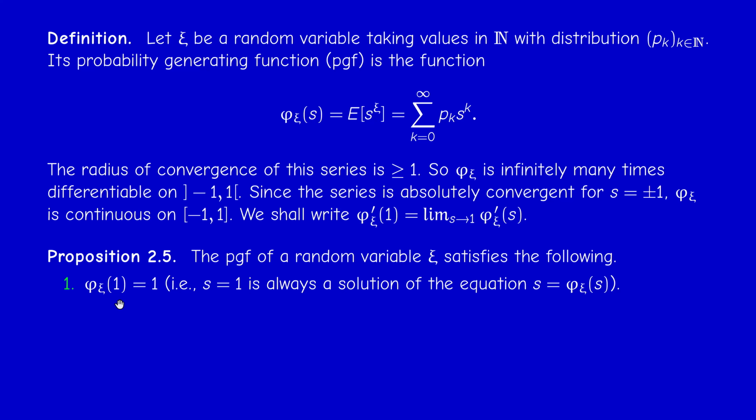Okay, but anyway. So here are the properties of phi_xi. So as we said, phi_xi of 1 is always 1. Second property, phi_xi of 0 is just p_0, and it is P of xi equals 0, because p_0 is the probability that xi equals 0. So it's in our context, the probability that the alien or the individual does not reproduce itself.